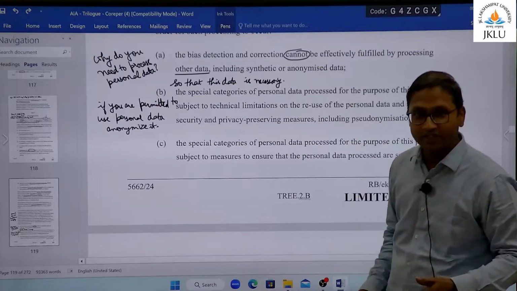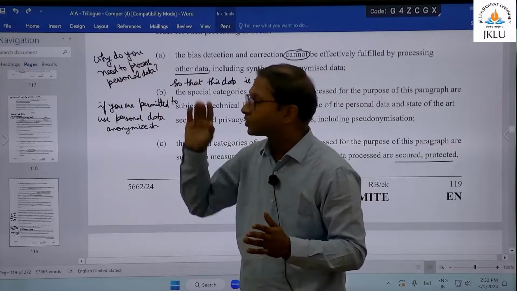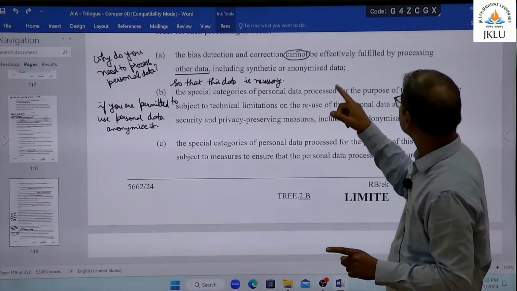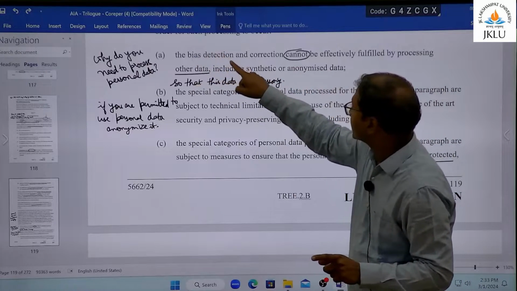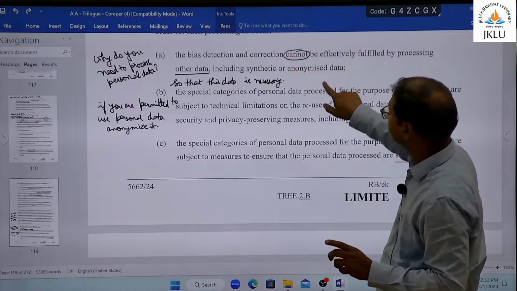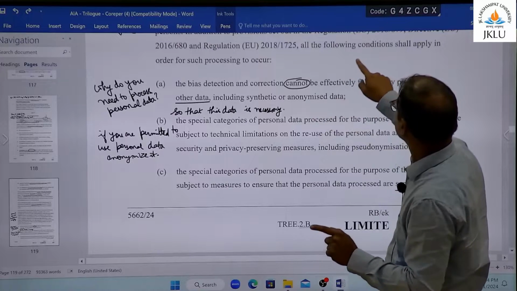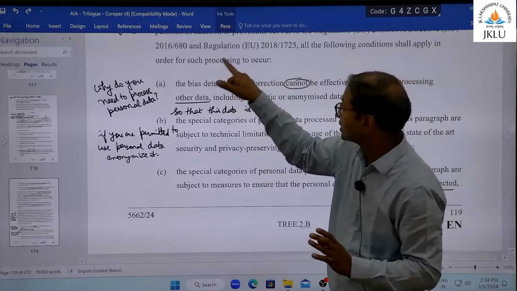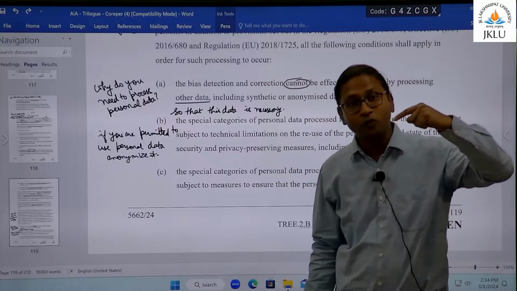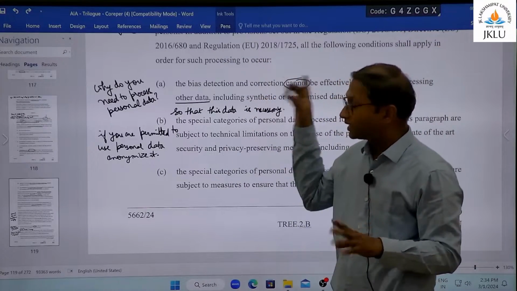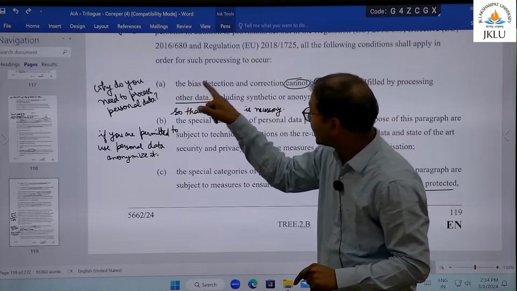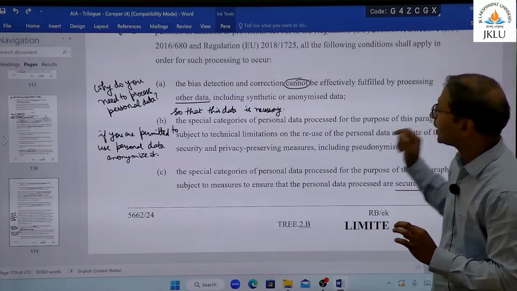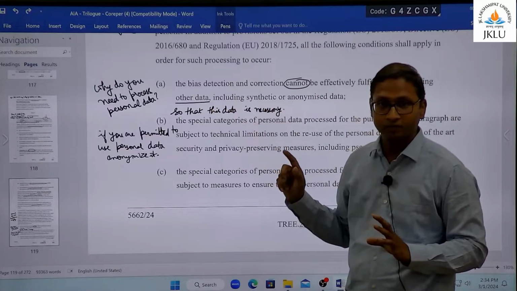So first question is, why do you need to process the personal data in the first place? So the following conditions shall apply in order for such processing to occur. The bias detection and correction cannot be effectively fulfilled by processing other data.